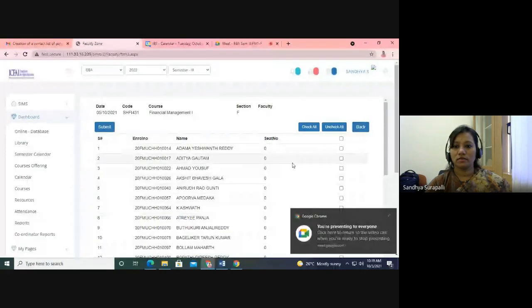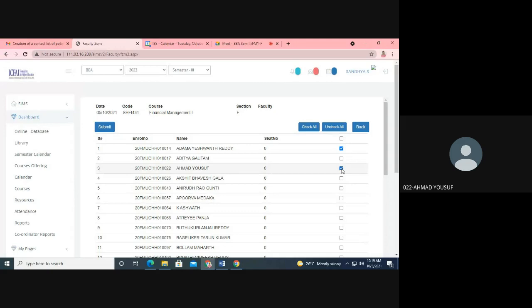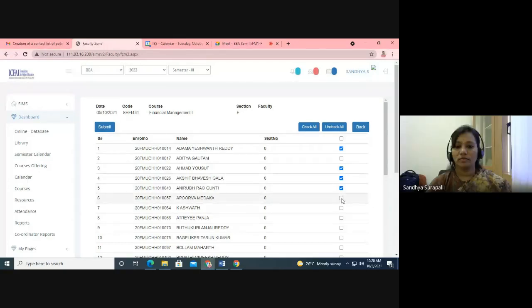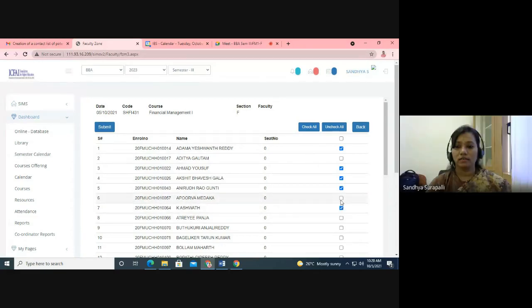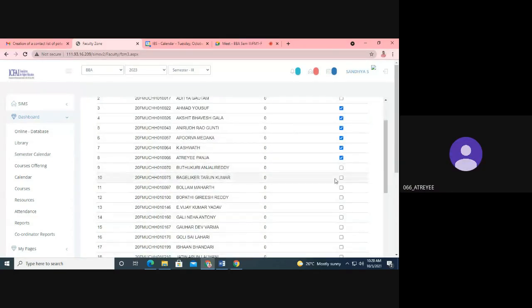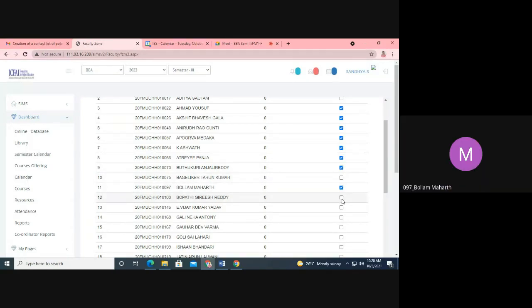Answer your attendance. Yashwant Reddy, Present, ma'am. Aditya, Ahmed, Present, ma'am. Akshit, Present, ma'am. Anirudh, Present, ma'am. Ashwath, Present, ma'am. Atreyi, Present, ma'am. Anjali Reddy, Present, ma'am. Girish Reddy, Yes, ma'am.